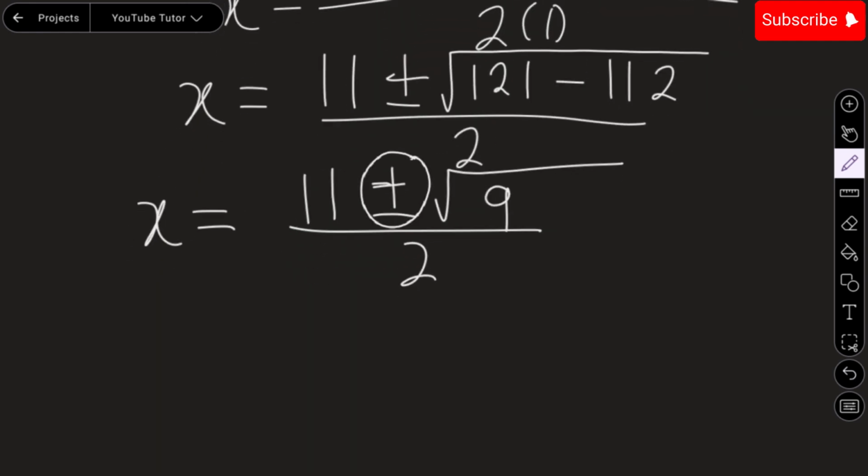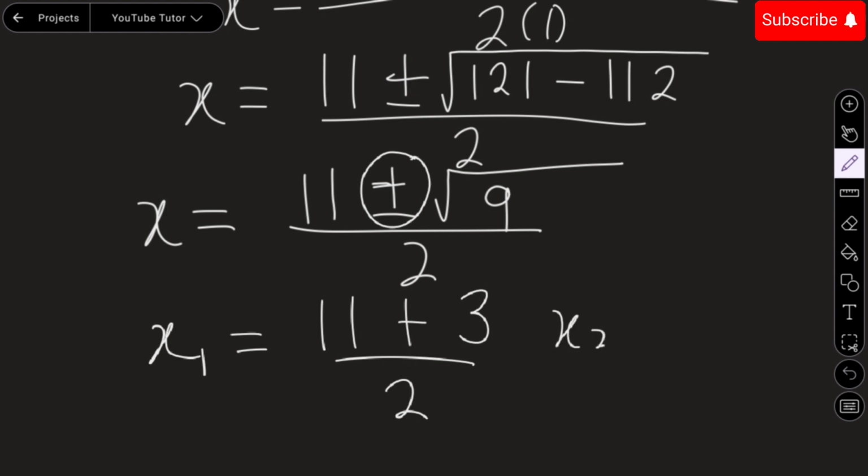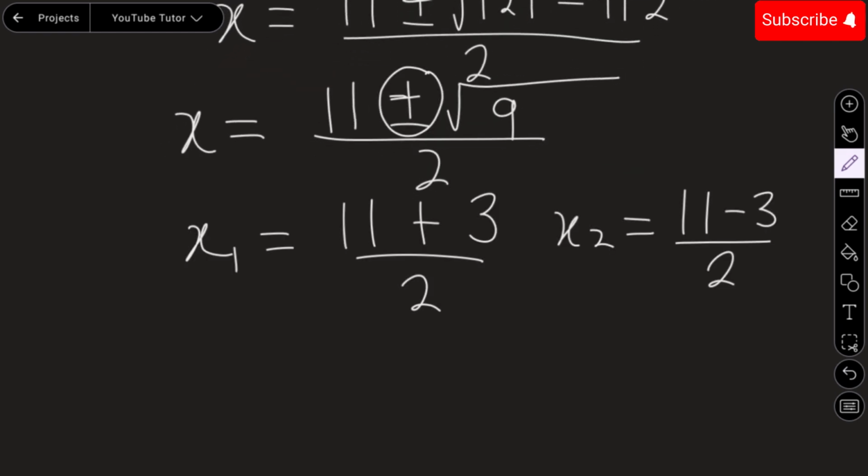So you see there is plus or minus here, which means we are going to get x1 and x2. x1 is 11 plus root of 9, which is 3, over 2, and x2 will be 11 minus 3 all over 2. Now x1 gives us 11 plus 3 is 14. 14 divided by 2 is 7.